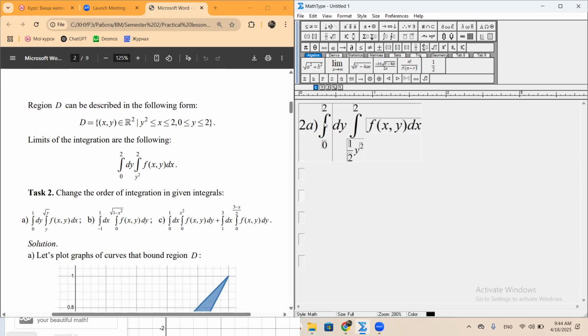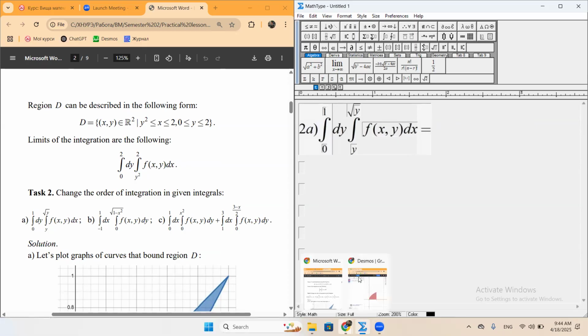Here we will have y from 0 to 1, and x from y to square root of y. We already have limits of integration. We need to change the order of integration. How to do it? We have to plot the graph.